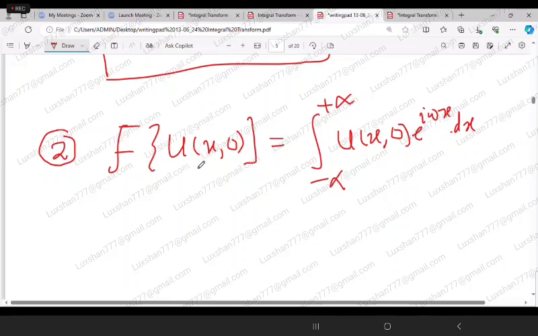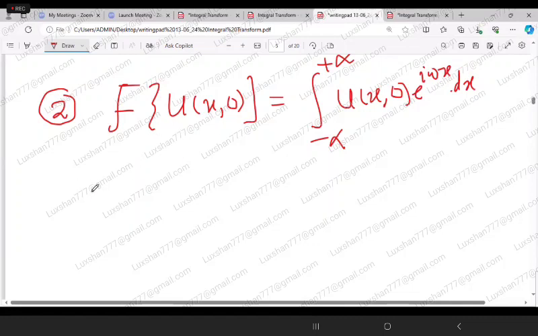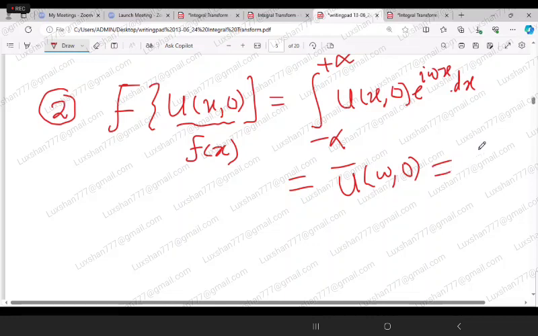We are given that this is equal to f(x). So this is nothing but u bar(omega, 0), the Fourier transform of this function, which is equal to f bar(omega). Because this function is f(x), we get f bar.